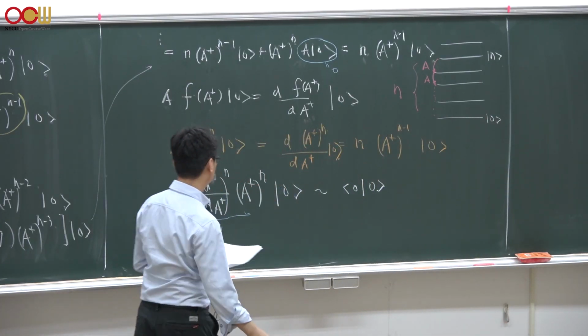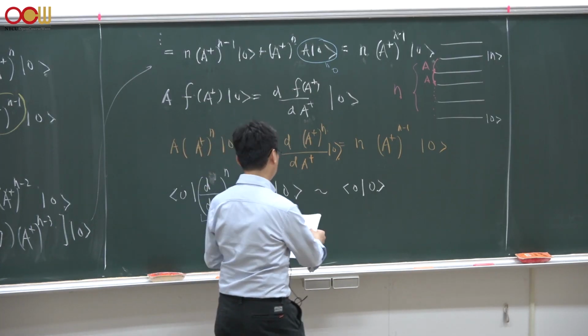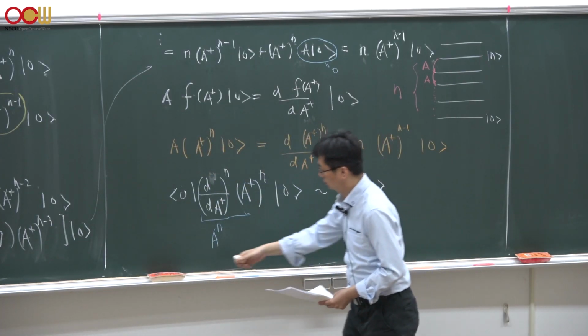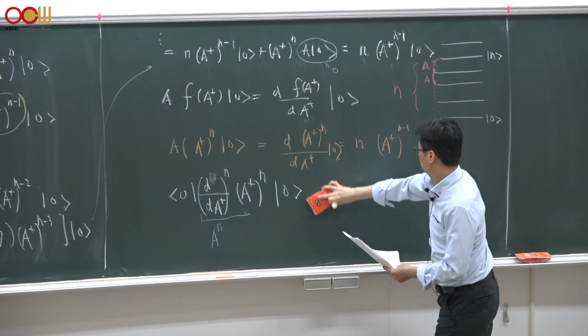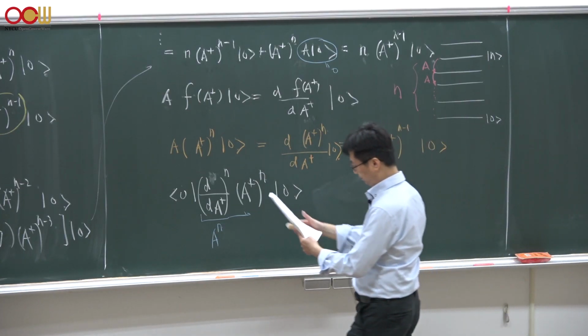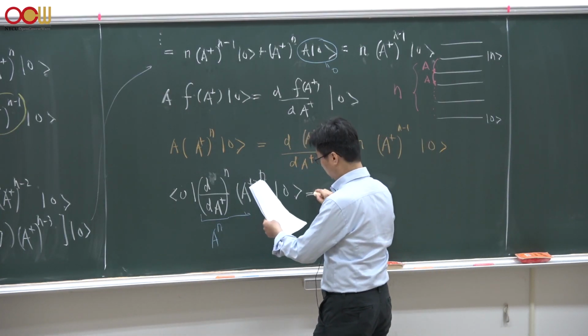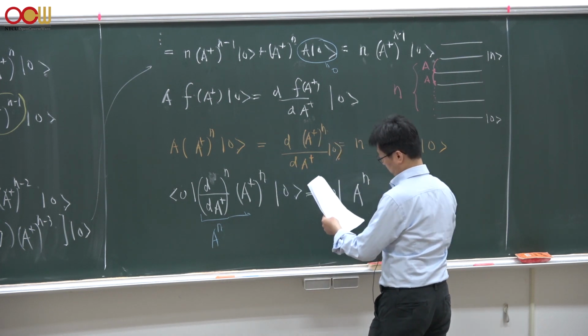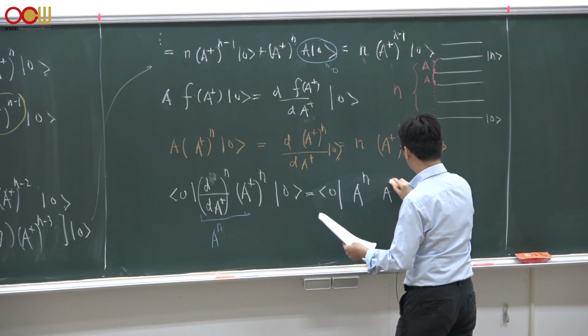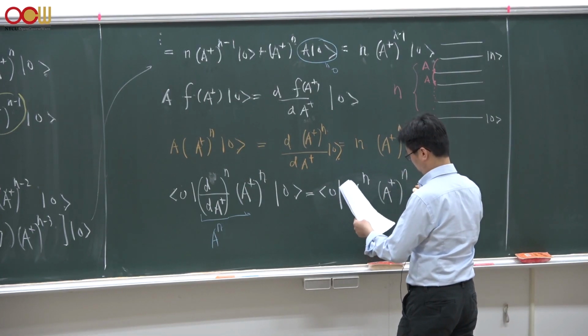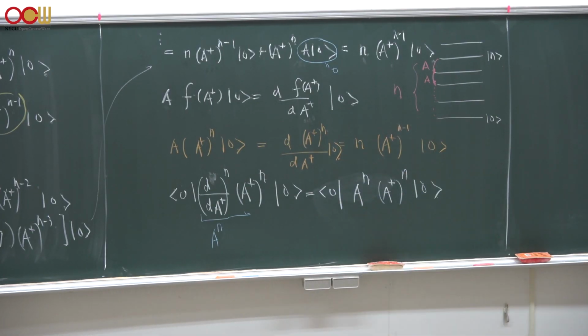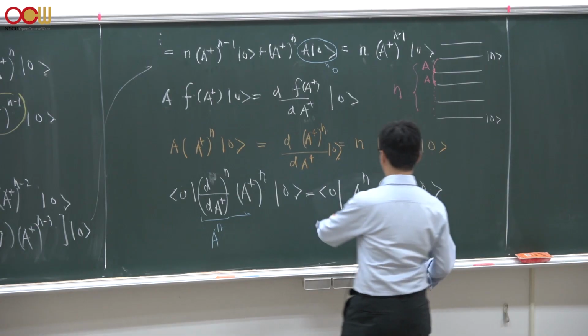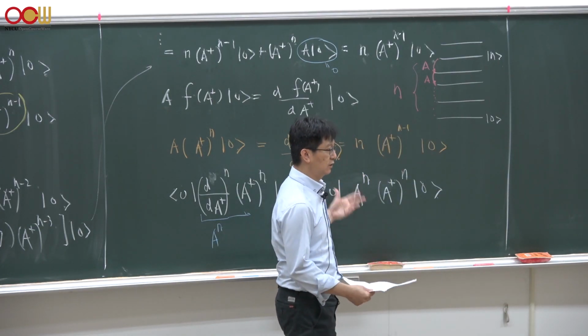Right? Okay, so let's just check. But there's a prefactor, so we will just finish this algebra. And this is what? This is 0, a to the power of n, a dagger power of n, and 0. So then you take the nth differentiation, but you could do it one by one.